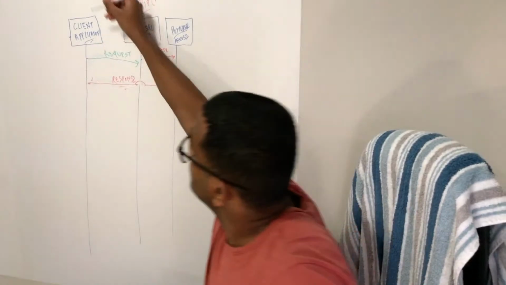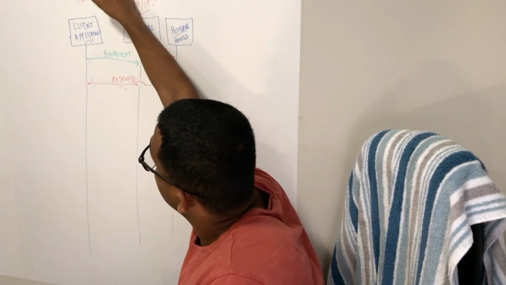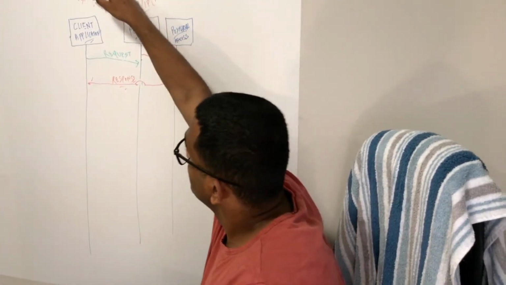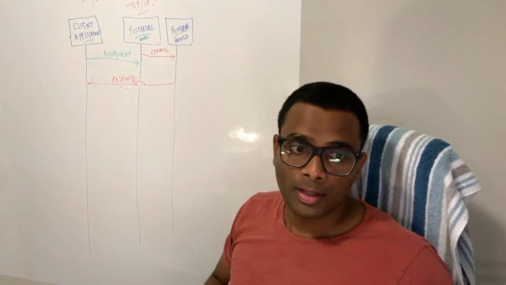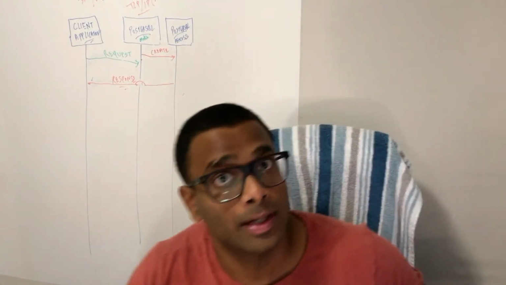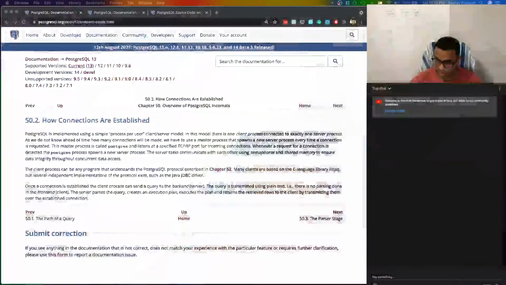There could be a client application using a JDBC driver, or libpq in C. Those drivers' code can also be found in the source code we will be looking at. Okay, let's keep moving here.